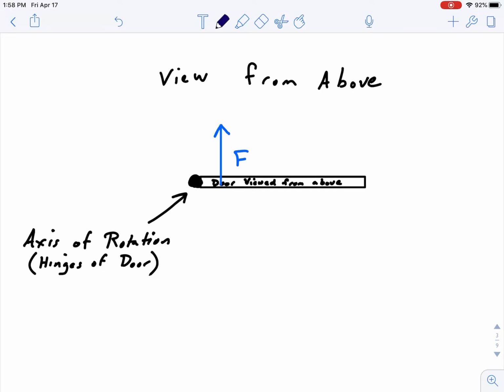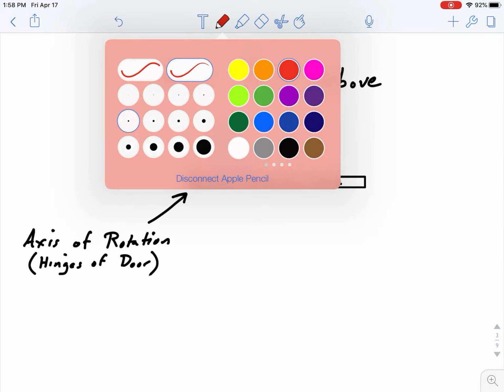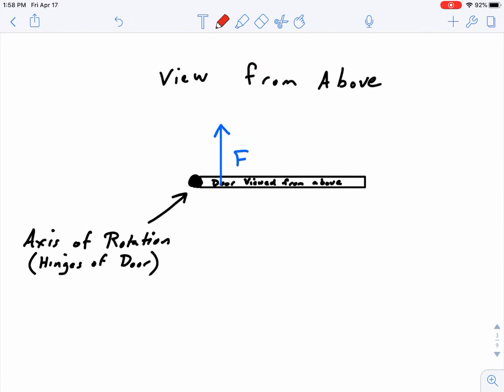If we were going to add in what I've called the moment arm, or the distance from the axis of rotation to the force, I'll draw a little point at the axis of rotation, and my vector is going to be touching the point where I applied that force. So this little red vector here is going to represent my moment arm, or r.